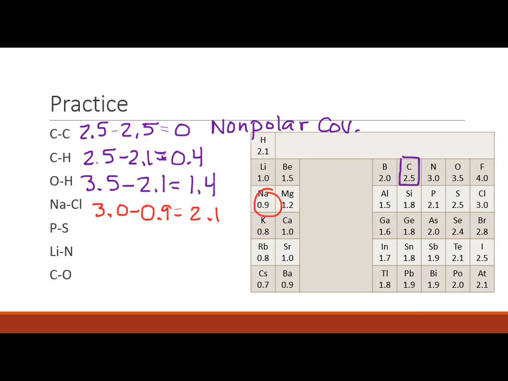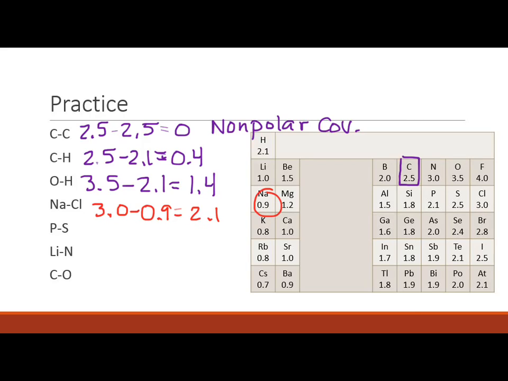Now notice one thing. In this case, I wrote the value for the chlorine first and then subtracted the sodium from it. There's a reason for that. We always want a positive value for our difference in electronegativity. So you never want a negative value. Always take the larger number and subtract the smaller number from it.